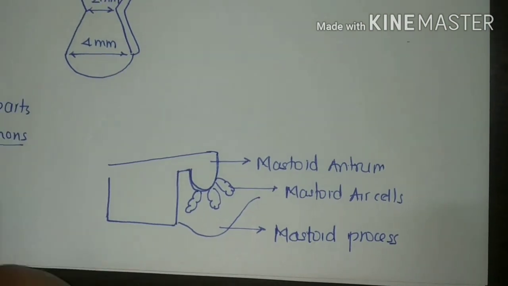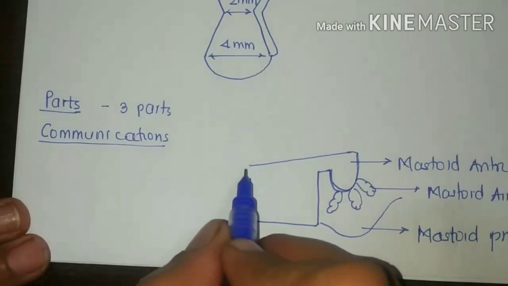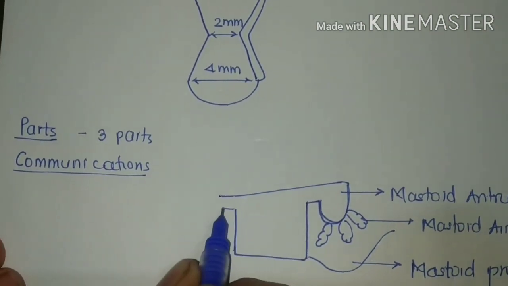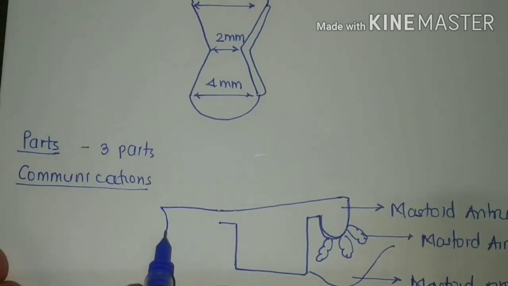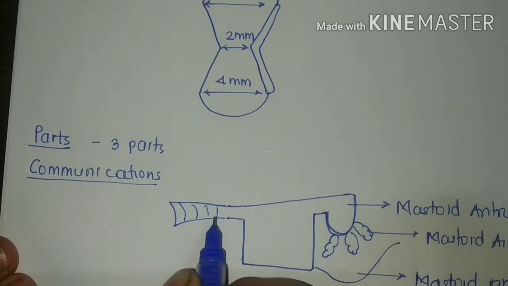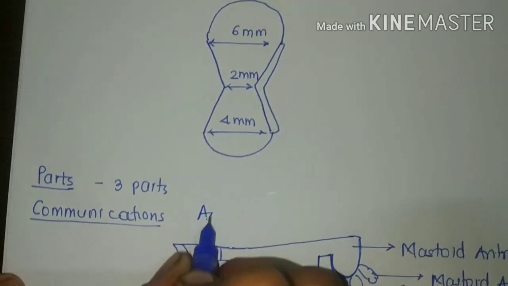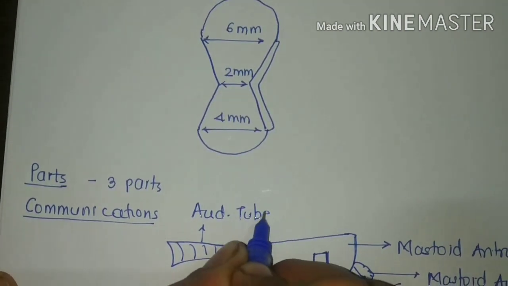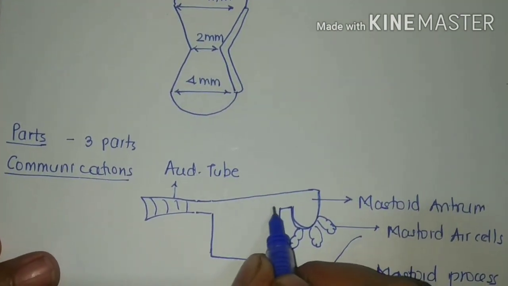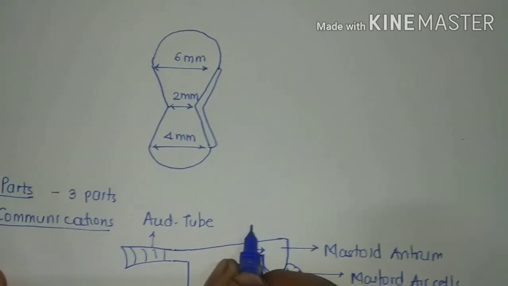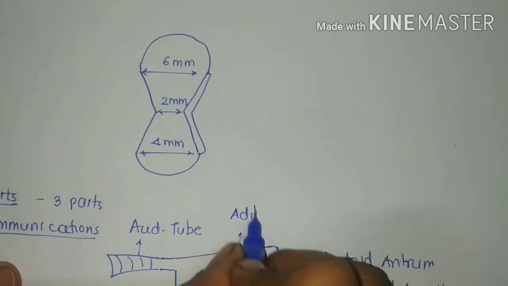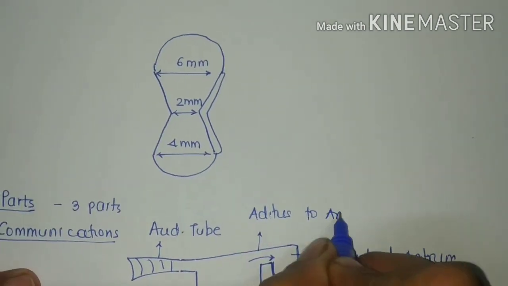Now anteriorly it communicates with the auditory tube. So here anteriorly it is communicating with the auditory tube, and posteriorly it communicates with the mastoid antrum through an opening called the auditus to antrum.